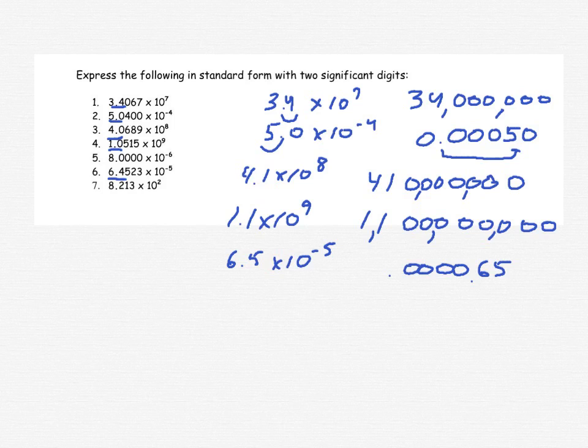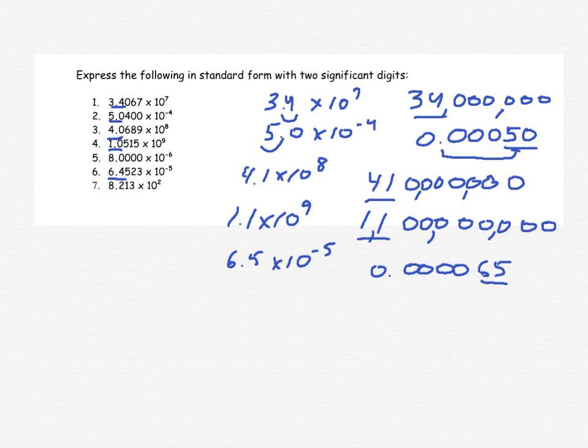So you would have 0.000065, and maybe even a 0 in the front to hold the place. But notice there are 2 significant digits.